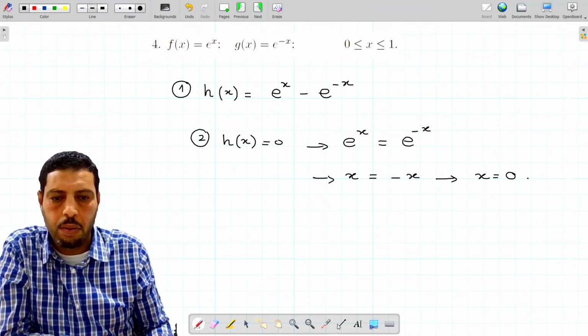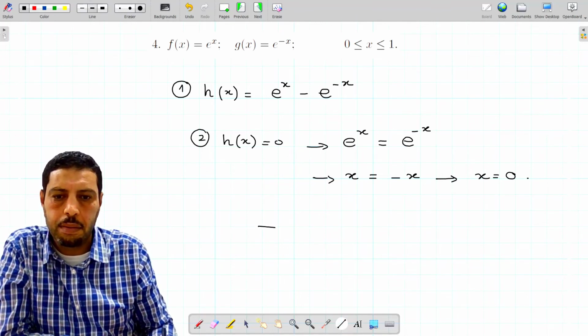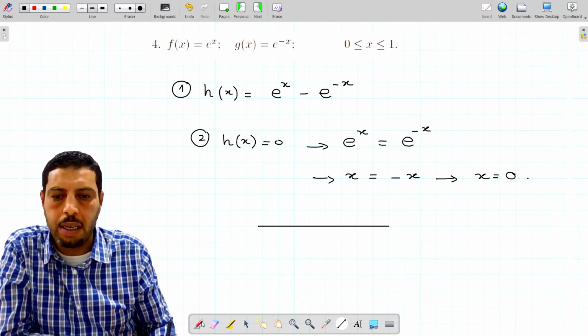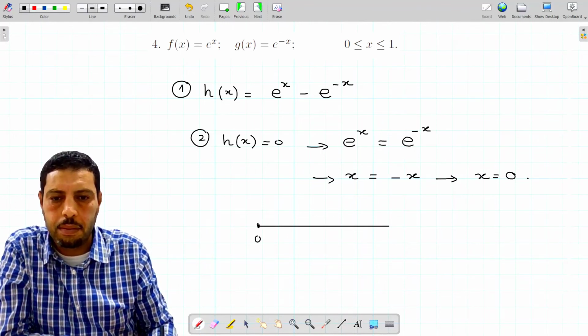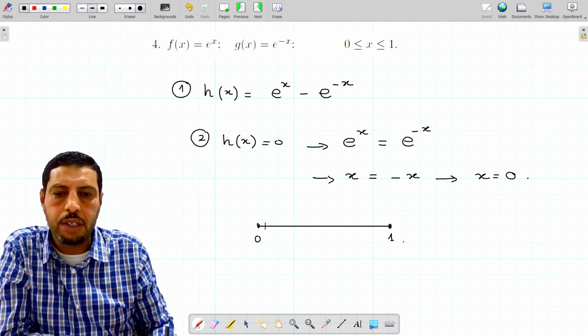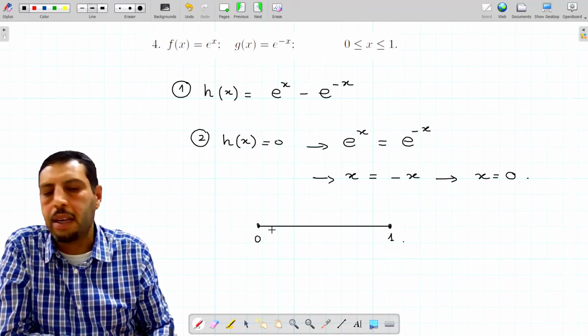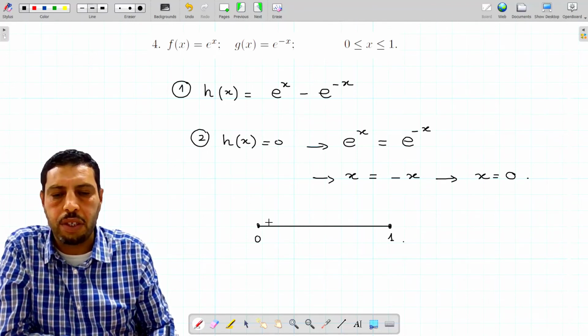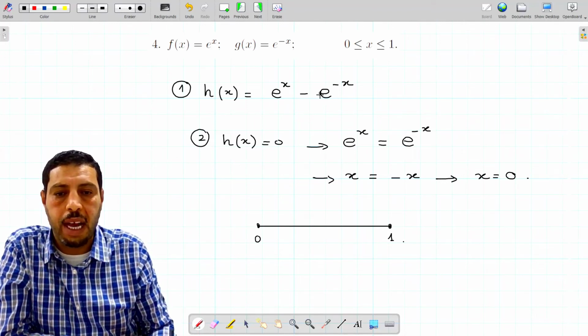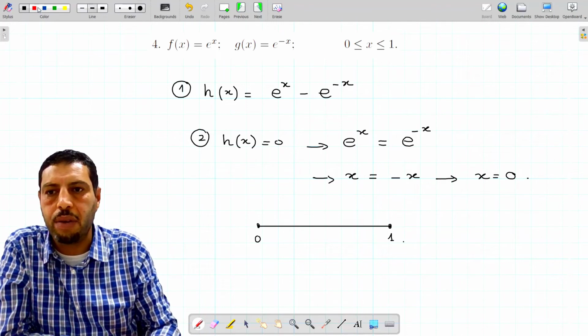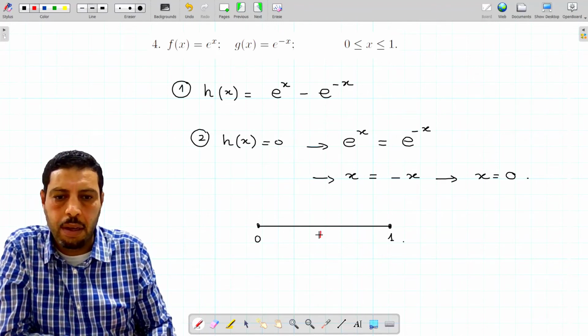So we have our interval, which is 0, 1. Okay, so the 0 goes here, so there is nothing inside. You just need a test point here. You can take whatever you want with any real between 0 and 1 and test exponential x minus exponential minus x, and you will find a positive result.